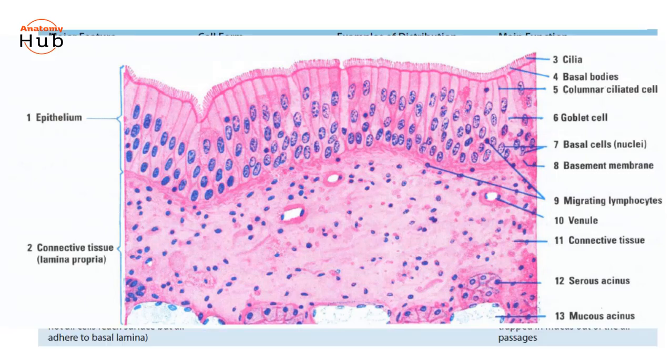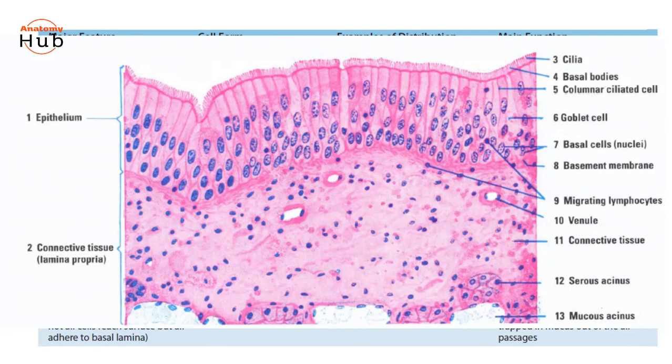Epithelial tissue is avascular in nature, relying on the blood vessels of the adjacent connective tissue to bring nutrients and remove waste. The exchange of substances between epithelial tissue and connective tissue occurs by diffusion.